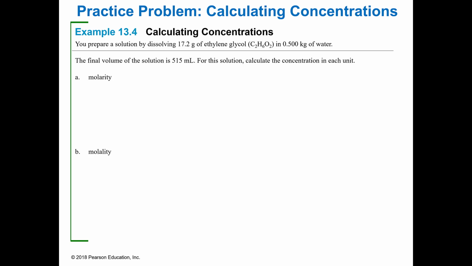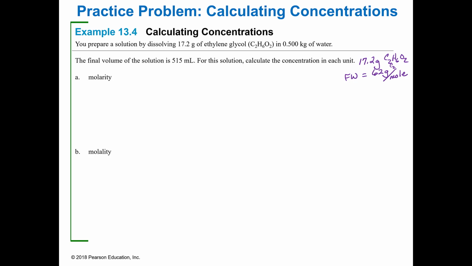So it's probably a good idea when you first get to this. You've got 17.2 grams of ethylene glycol, which is C2H6O2. The formula weight of that you should be able to calculate very easily. There's 2 C's, 6 H's, and 2 O's. When you add that molar mass up, you should get about 62 grams per mole.